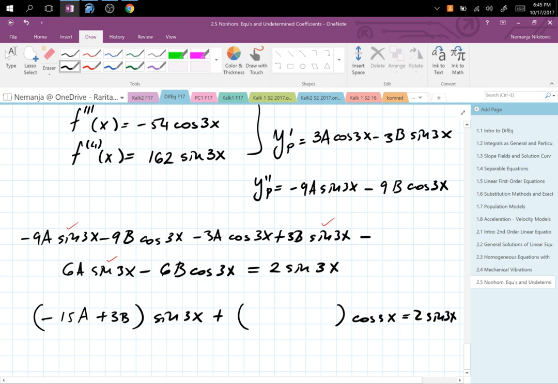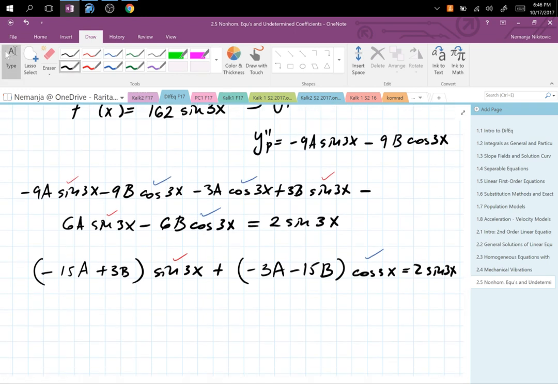Now what's happening for the cosine? I have negative b minus 6b is negative 15b, and I have what for a? Negative 3a. If I collect all cosines on the pile. Great. That stays there.